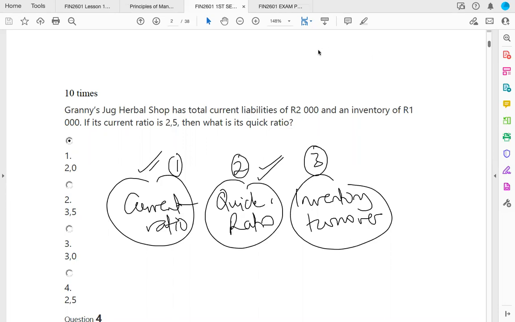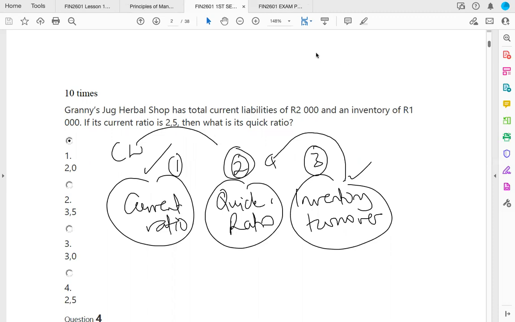Or you might find you are given the inventory turnover, and you're given the current ratio, and then you need to find inventory from the inventory turnover. Then you put that inventory there for the quick ratio calculation, and then you might need to use the current ratio maybe to get the current liabilities, which will also be used for the quick ratio.